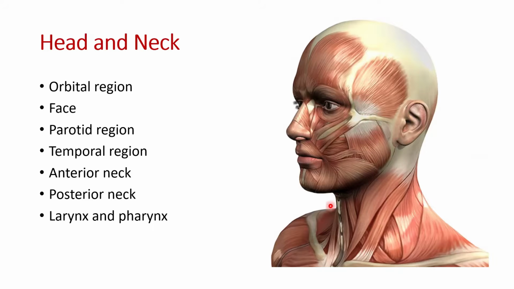And then the neck will contain the anterior part of the neck and the posterior part of the neck, which are further divided into triangles, as you'll see when we'll be covering head and neck. And then larynx and pharynx are also part of head and neck in anatomy.